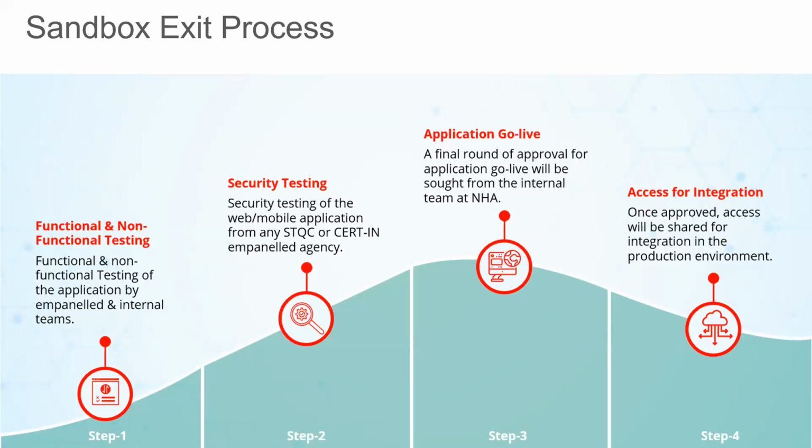So first of all, you need to apply for integration in Sandbox, and after getting approval and access to Sandbox, you need to complete your integration of the different milestones, M1, M2, M3. And after completion of the milestones, you need to get functional testing and VASA.